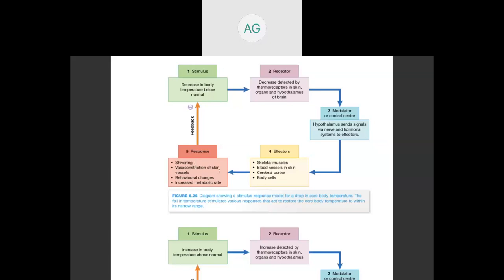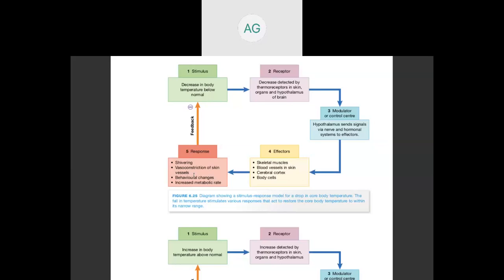Also vasoconstriction: the blood vessels in the skin start to constrict, and then there is a behavior change. Maybe we are feeling cold, so we just get a warm blanket or jacket, things like that. And also an increased metabolic rate. The chemical processes going on inside the body, the metabolic rate, increases as well.